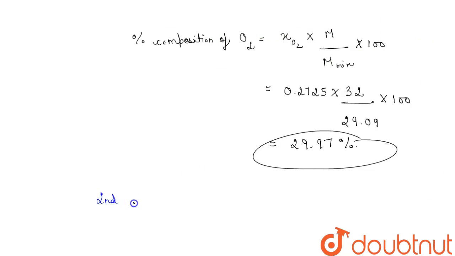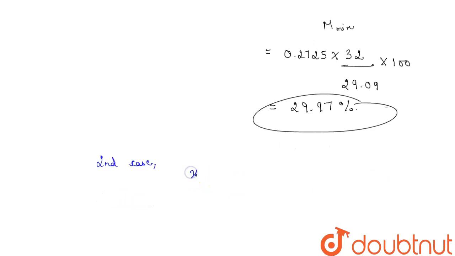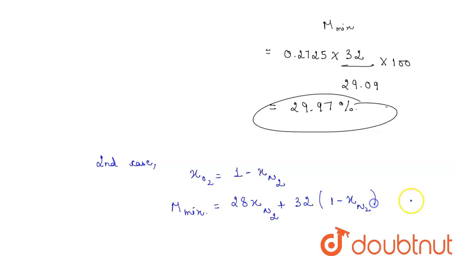Now moving to the second case. In the second case the mole fraction of O2 will be equal to 1 minus the mole fraction of N2. So the mass of the mixture will be equal to 28 into the mole fraction of N2 plus 32 into 1 minus the mole fraction of N2.